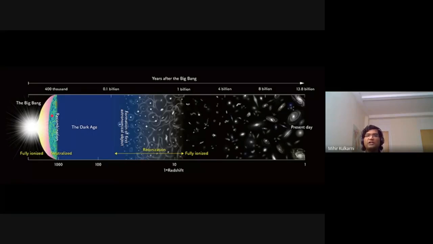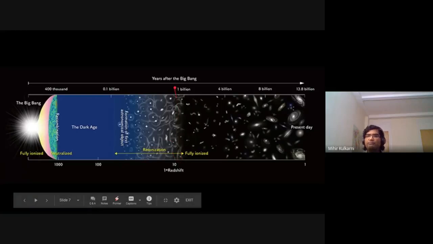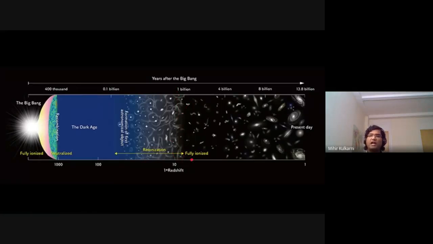But this continued for some time until we started forming the first stars, which we are interested in. So we started to form first stars, and with time, more and more clusters of first stars, or first galaxies, and they started reionizing the universe. And by nearly redshift of 6, the universe was completely reionized, and we end up here today.